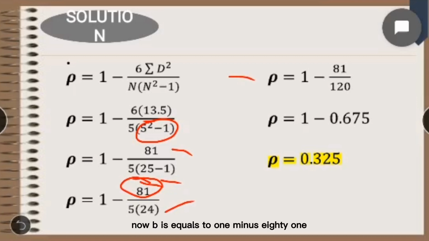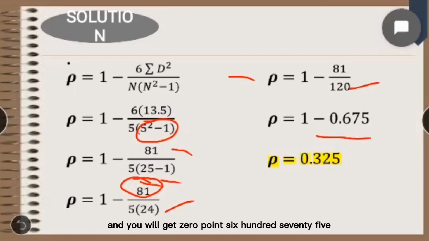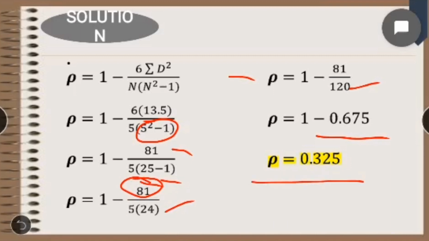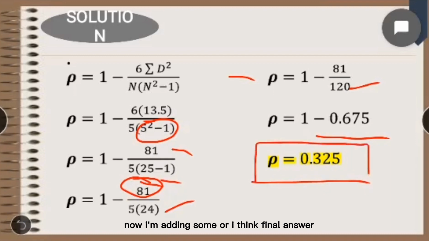Now, P is equals to 1 minus 81 over 120 because 5 times 24 is equals to 120. Now, we'll just have to divide the 2 and you will get 0.675. Ima-minus mo lang siya sa 1 and magiging 0.325 na ang ating final answer.